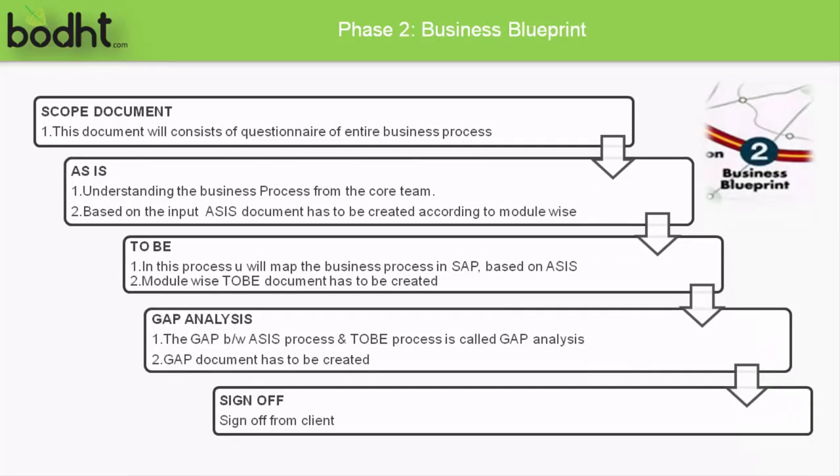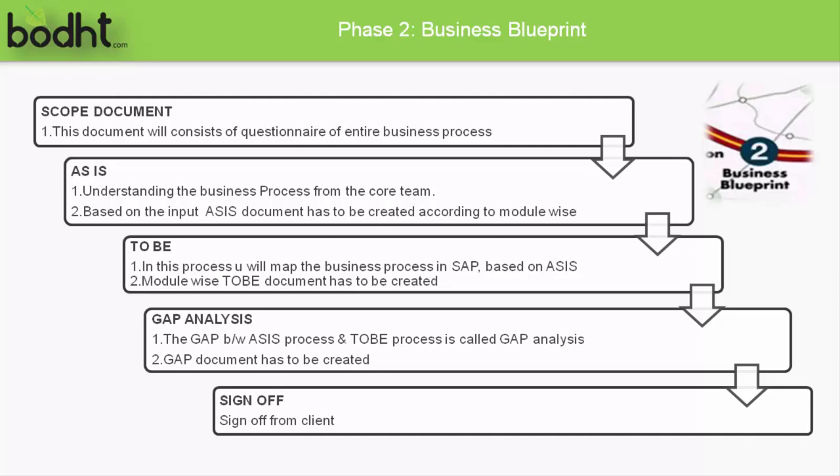Phase 2 is a very important phase, the business blueprint phase. The basic purpose of this phase is to understand the customer process, the enterprise process where we are trying to implement SAP end to end, so that we document all of this as documents and we take signature from the customer.